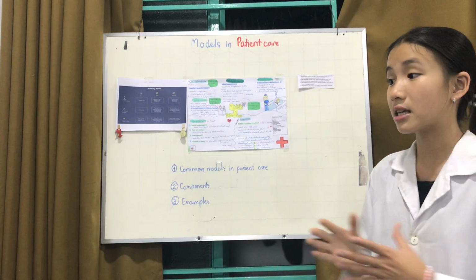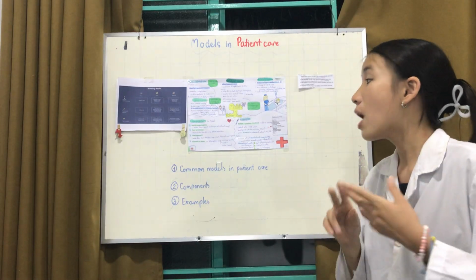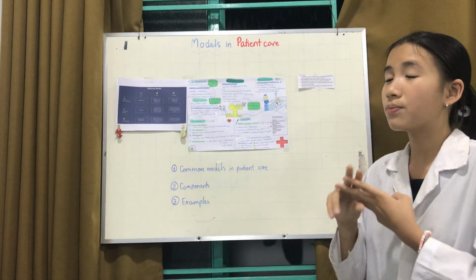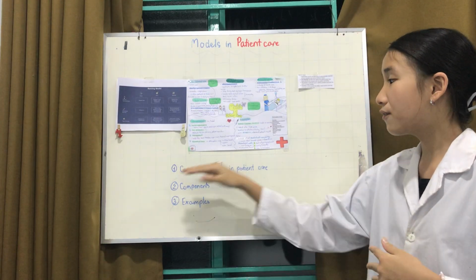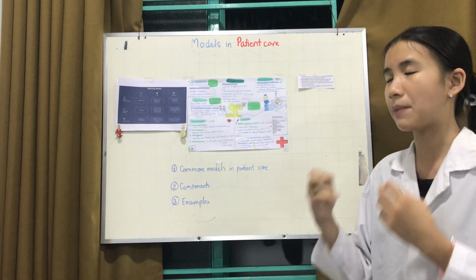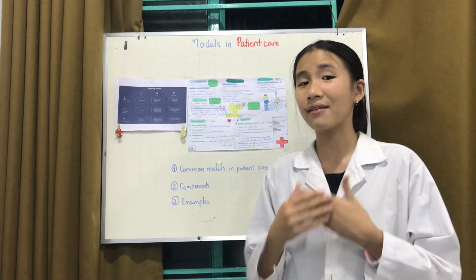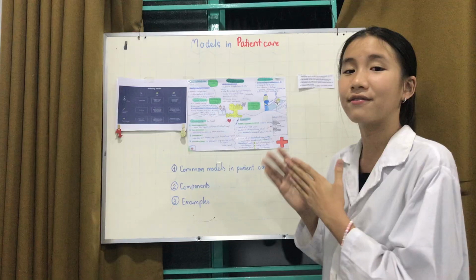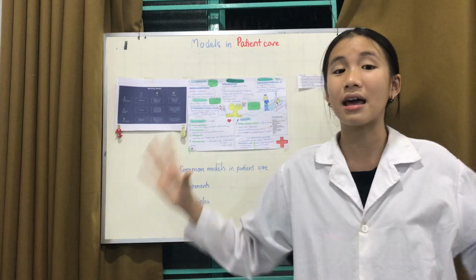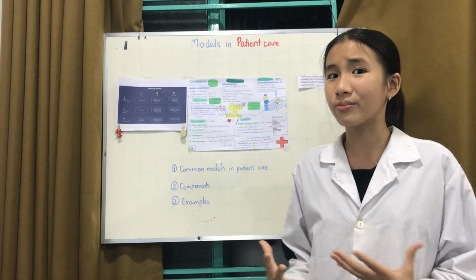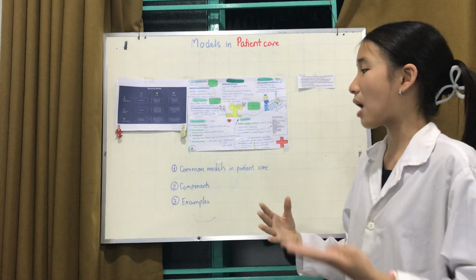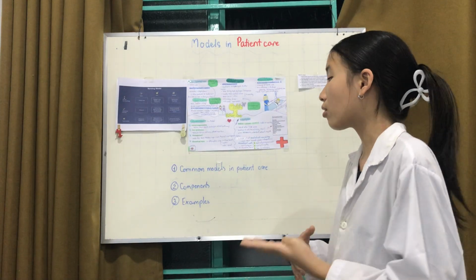So philosophies such as holistic care, evidence-based care, or value-based care. Now remember, in the first part I talked about the common models in patient care. There are lots and lots of other models in patient care that I haven't had the chance to talk about in this video because there are just too many. I've just talked about the 4 main common models in patient care.